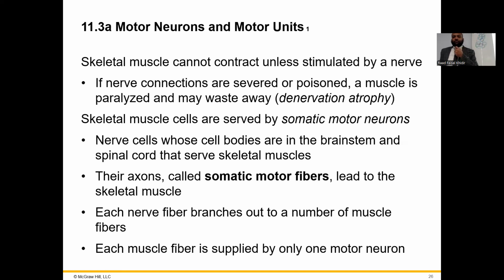The nerve cells whose cell bodies are in the brainstem and the spinal cord serve the skeletal muscles. Their axons are called somatic motor fibers that lead to the skeletal muscle. Each nerve fiber branches out to a number of muscle fibers, but each muscle fiber is supplied by only one motor neuron.